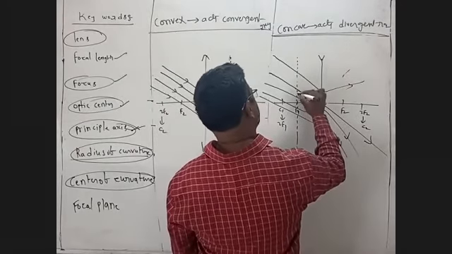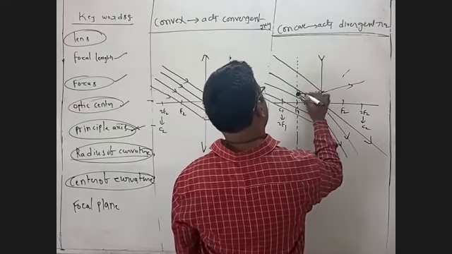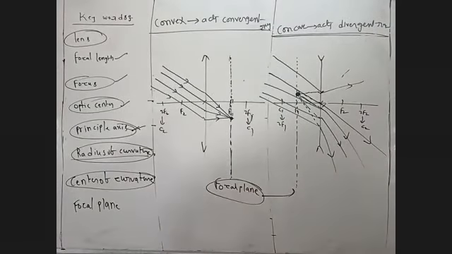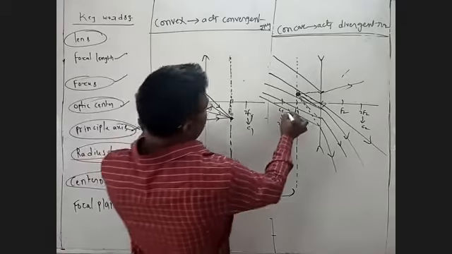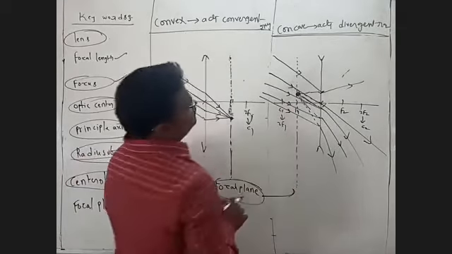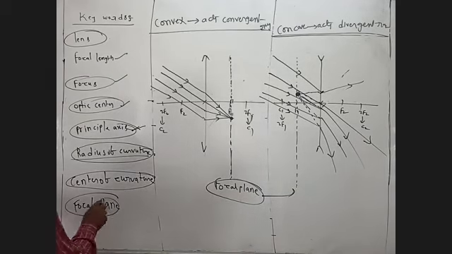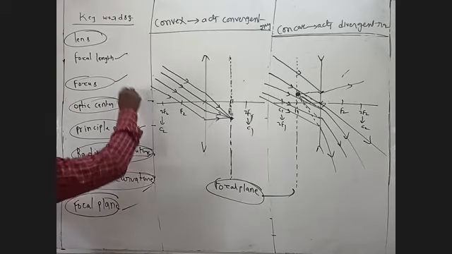Extend this. These are always coming from infinity. So this is a focal plane, and these are all focal points.